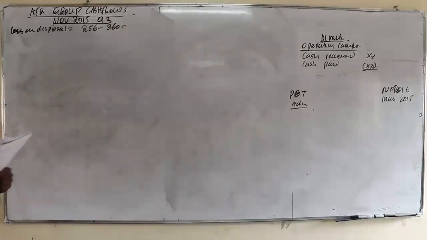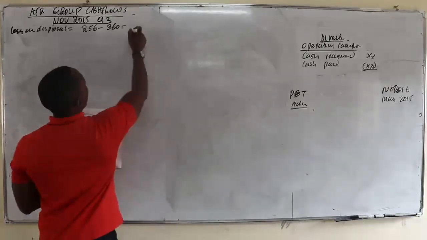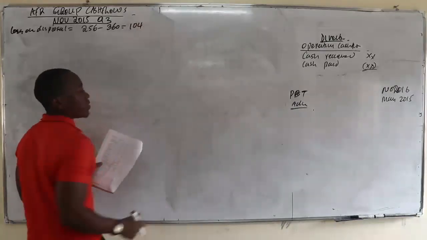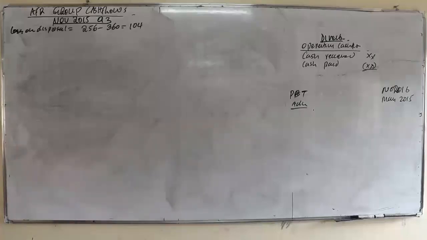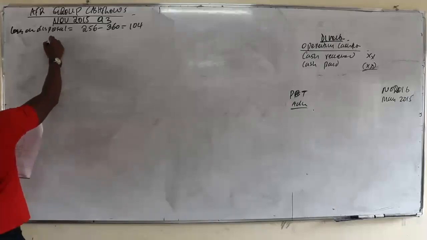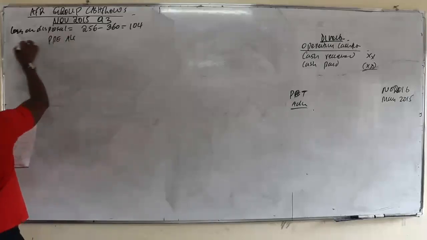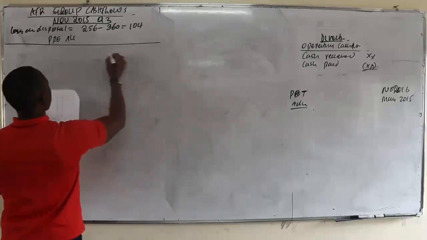Good. There was a loss of how much? 104. That's the loss on disposal. If you have a loss on disposal, that affects the PPE account. So let's open PPE account.